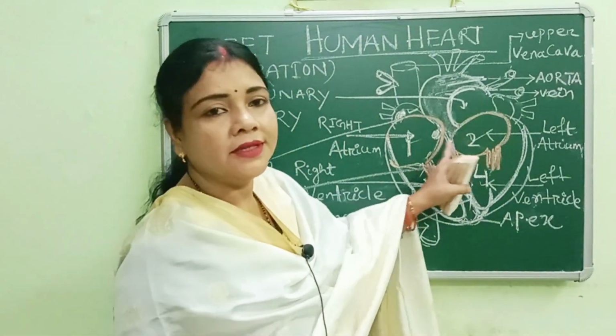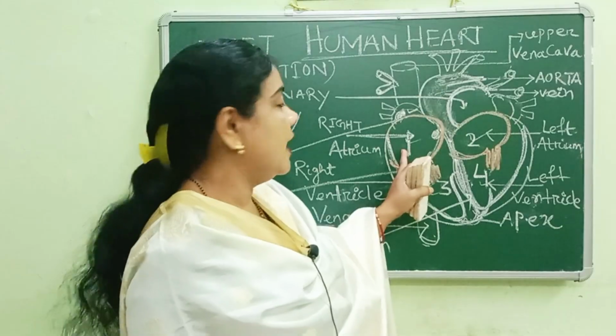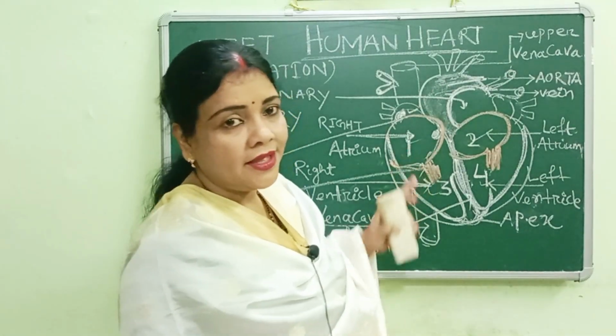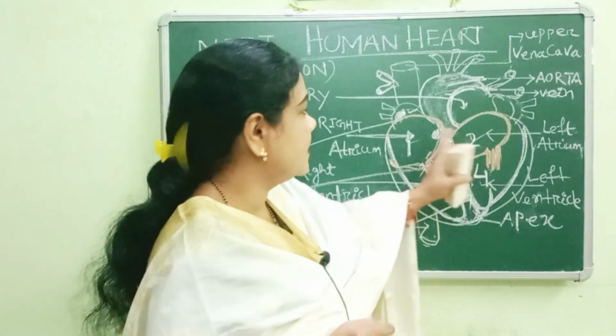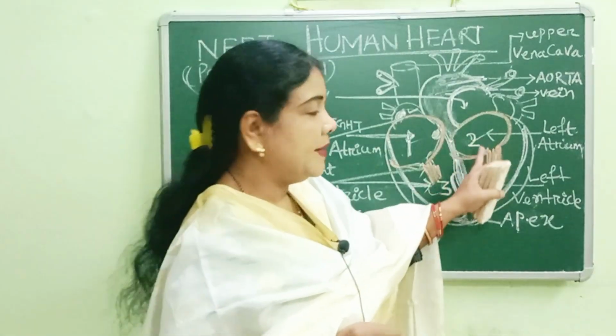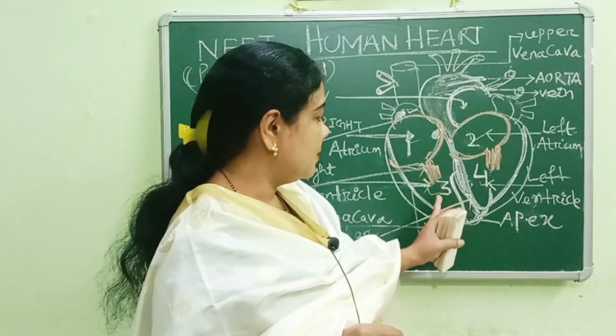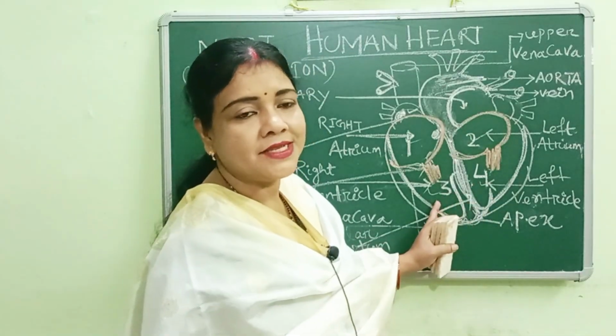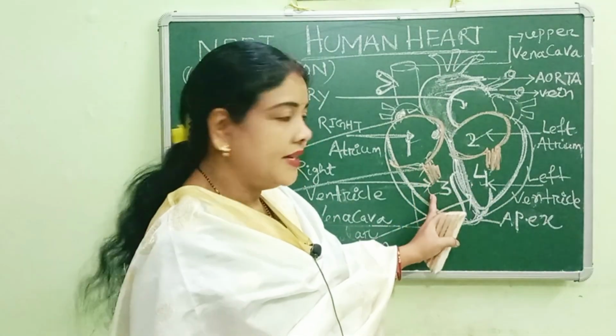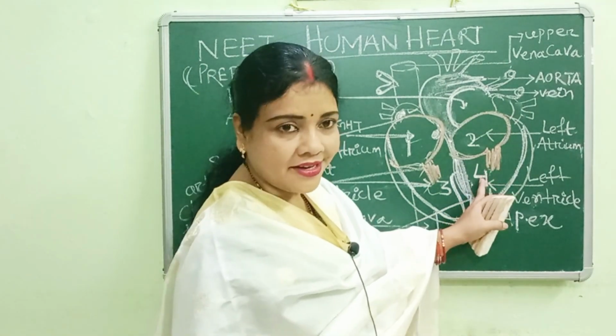The upper chamber is known as the atrium. There are two atria, the right atrium and the left atrium. Below the atria, there are another two chambers known as ventricles, the right ventricle and the left ventricle.